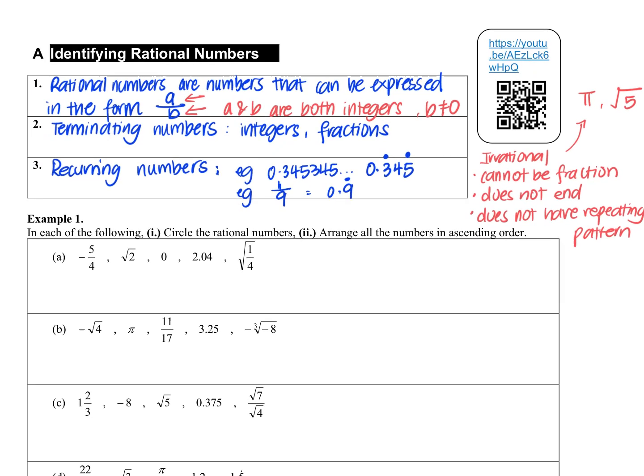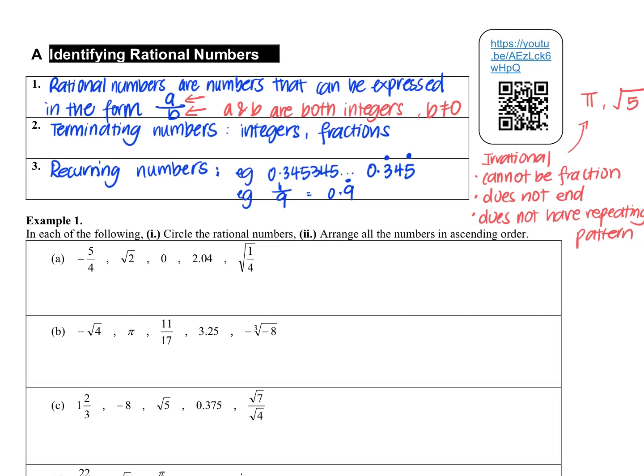Next up, after we know what rational and irrational numbers are, the next thing we are going to learn is how to arrange numbers in order. There are two types of order we're going to look at: ascending order and descending order.